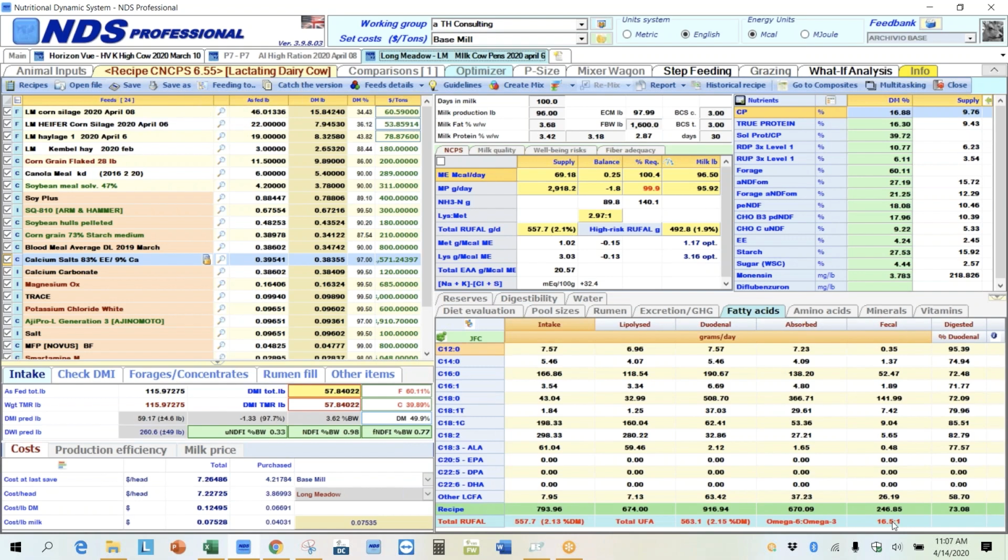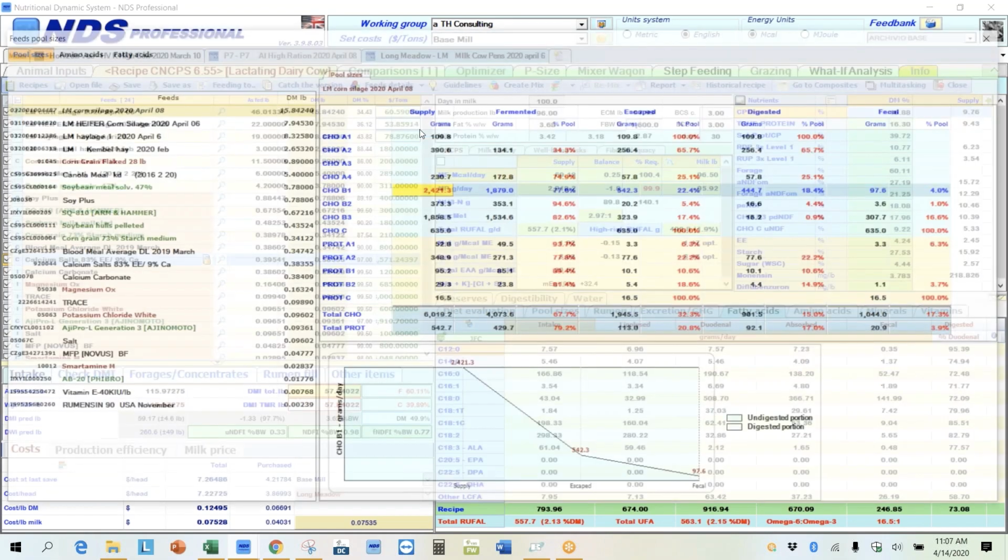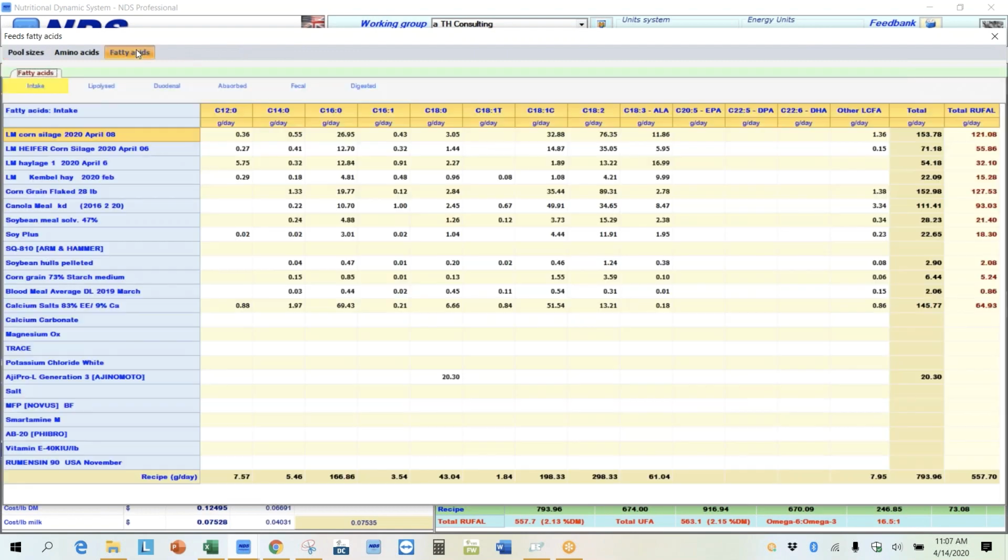The thing that got me real sensitive is we can look at the total intake here and then go into feed details and pool size, and actually look at the ingredient contribution to my 18:2 intake, which is similar to the other screen.